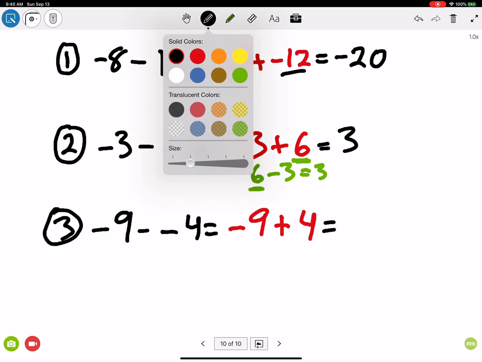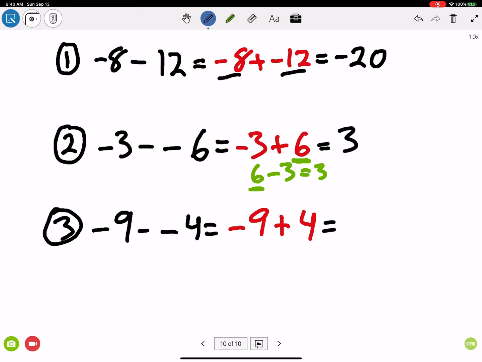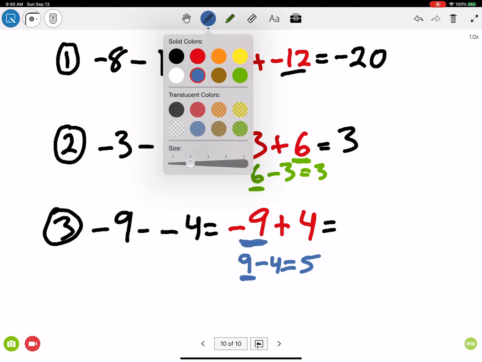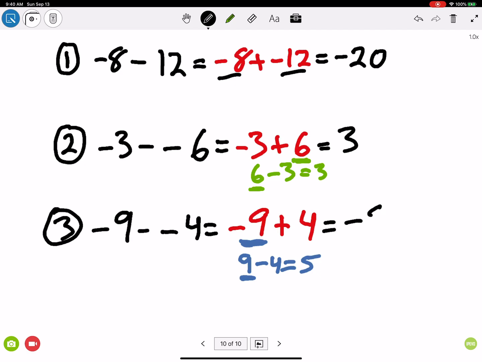And then in the last one, I'm going to ignore my negatives again because they're opposite signs. 9 minus 4 gives me 5. And since my larger number was 9, and 9 is negative, my answer is going to be negative 5.